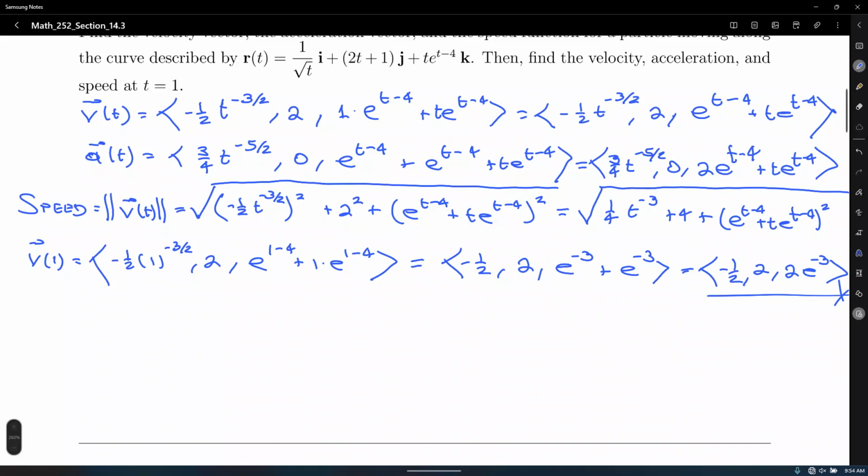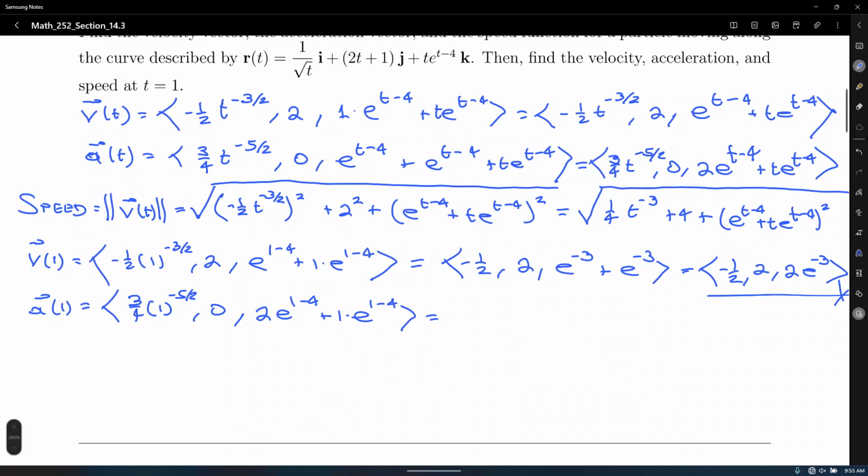All right? So a of 1, the acceleration at 1, that equals 3/4 times 1 to the negative 5 halves, 0, 2 e to the 1 minus 4 plus 1 e to the 1 minus 4.